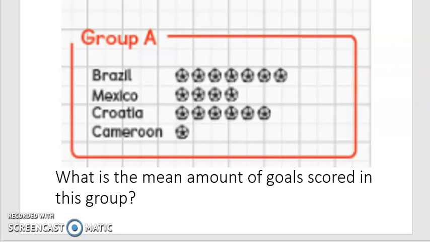And step two will be to divide those goals by the amount of teams there are, or the amount of numbers we've added together. And as you can see, there are 4 countries there, so it'll be dividing by 4. If you'd like to have a go at that on your own, pause the video now. I'm going to swap to the visualizer and we can solve this one together.